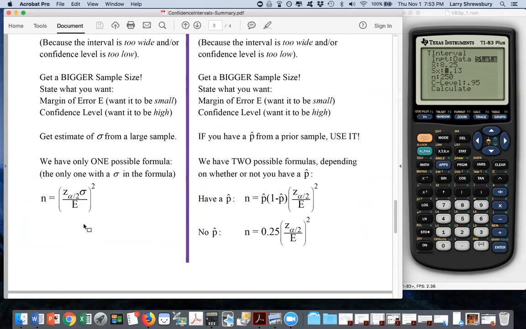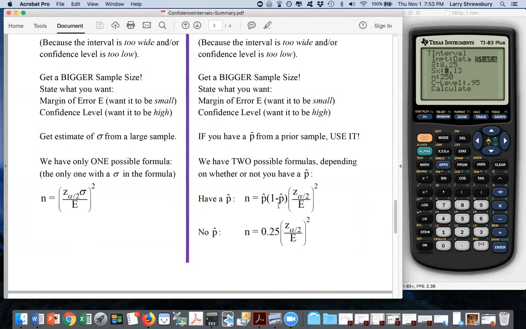So you just have one equation when it's this quantitative data. Now, it might strike you odd that over here we got two different formulas. Well, the reason is that either you do have a sample proportion already. In other words, you already took a random sample, perhaps to make a confidence interval, but you weren't happy with it.